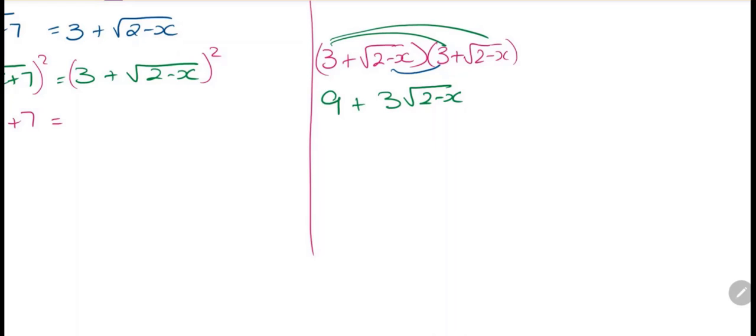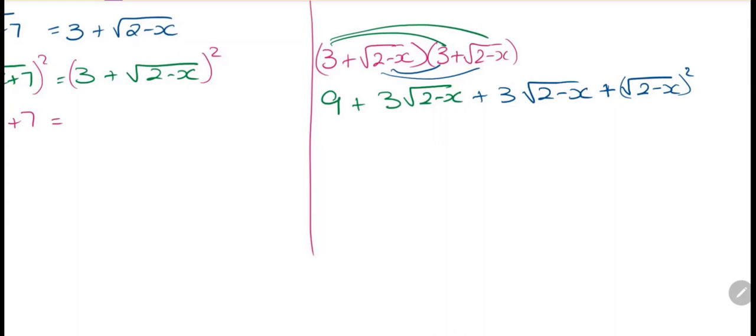Then we're going to look at the inner terms. So this is going to be plus 3 times √(2 − x). And then the last terms, this is going to be plus √(2 − x) squared.